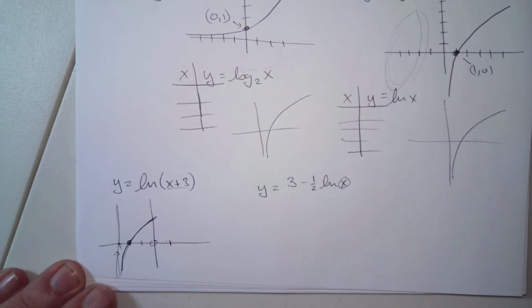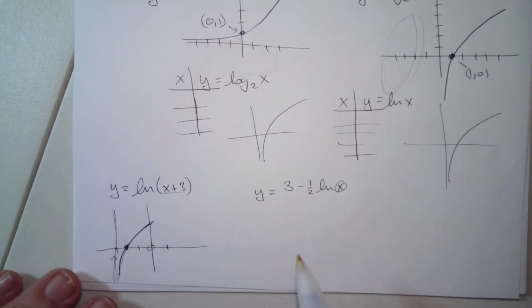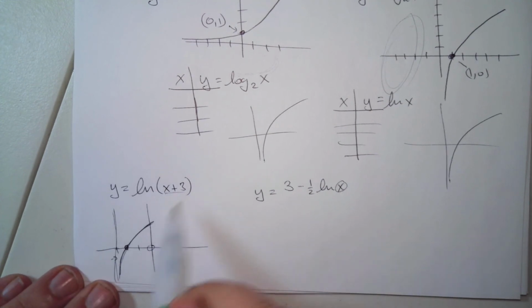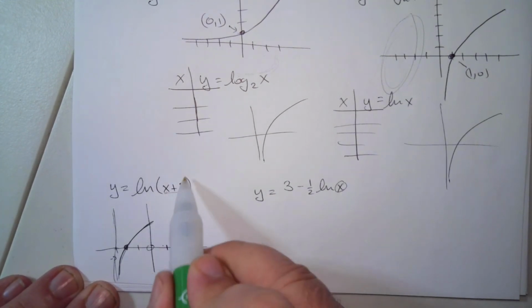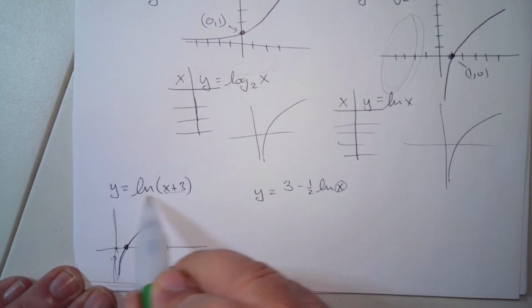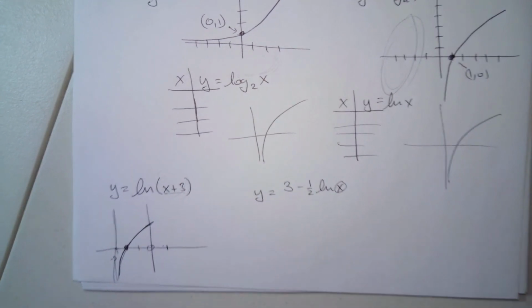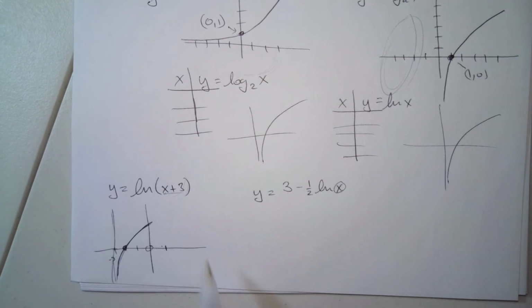X can never be negative, so inside there cannot be negative. That's how come we shifted to the left. Logs cannot take any negative values. So if x is negative 3, it's 0, and you can't have that. It has to be positive.